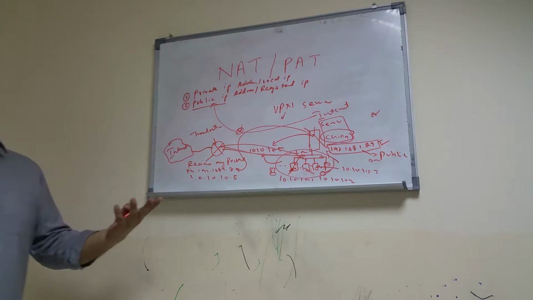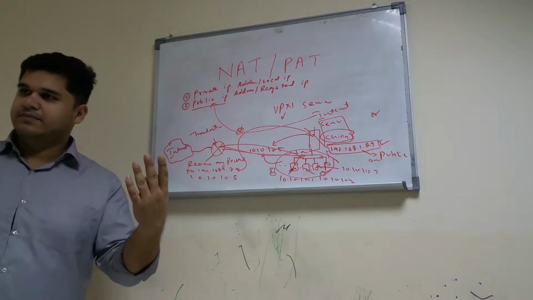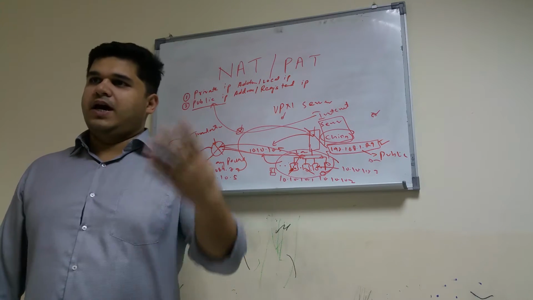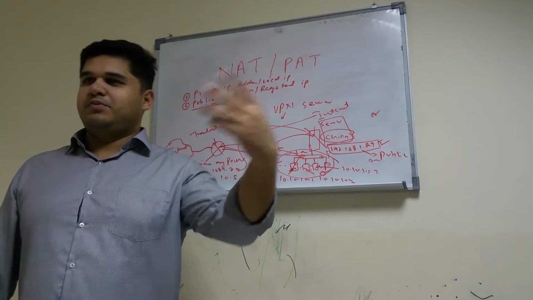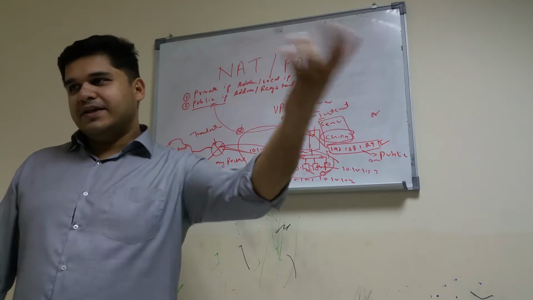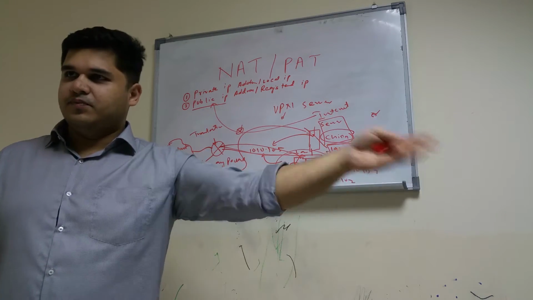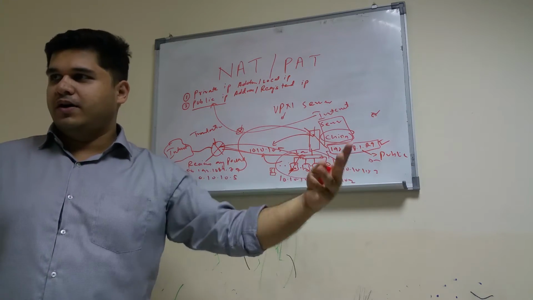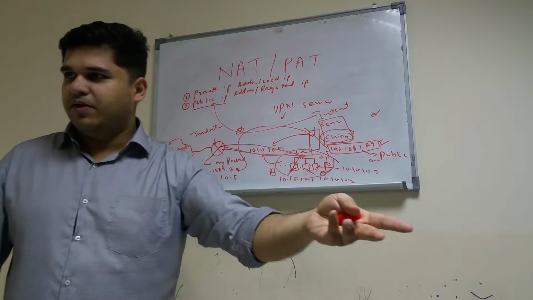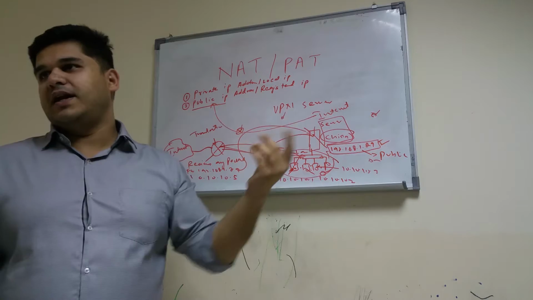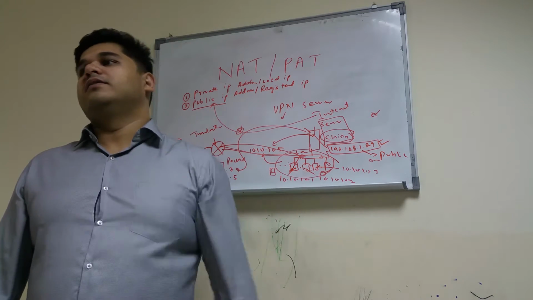It is just like you have one translator. If you can't speak Chinese and you want to speak to a Chinese guy, you will hire a translator who listens to whatever he is saying. The router does the same thing. It takes the information from the local world and sends it to the VPN server, and takes the information from the outside world, the internet, and forwards it to the VPN server.